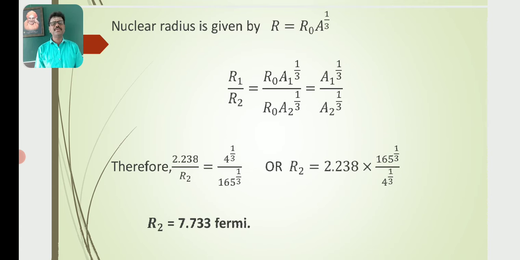Then R2 is equal to 7.733 Fermi. So the radius of Ho, R2, is equal to 7.733 into 10 to the power of minus 15 meter, because 1 Fermi is equal to 10 to the power of minus 15 meter.